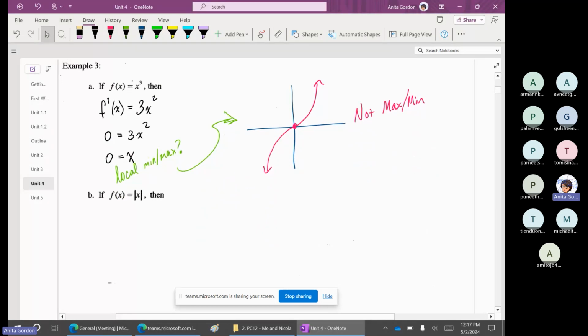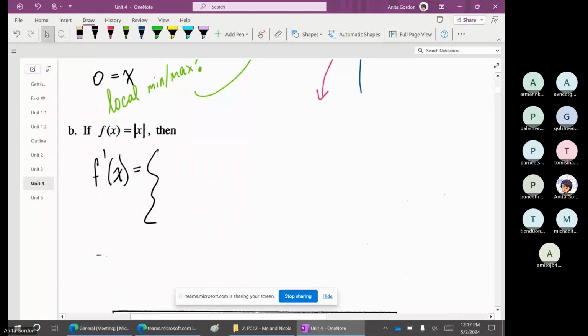And here again, this is a mathematical example. When we have an absolute value, do we remember making this a piecewise function from last unit?